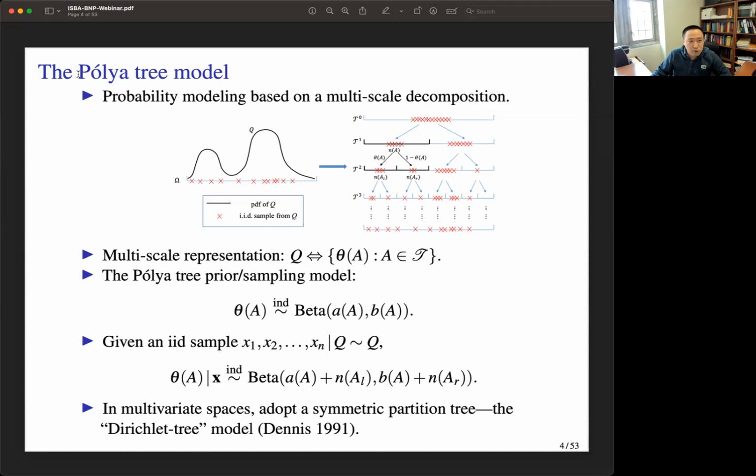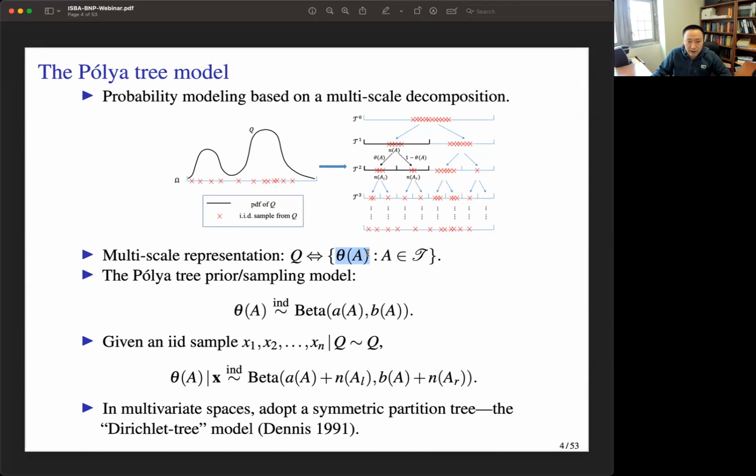So I'll just give you a quick review. The most famous tail-free process, the Polya tree, is basically a tree representation for any arbitrary distribution. You can give me any distribution, and I can construct a recursive dyadic partition of the sample space, and specify this distribution using the left and right splitting probabilities that characterize how much relative probability mass goes to the left versus the right.